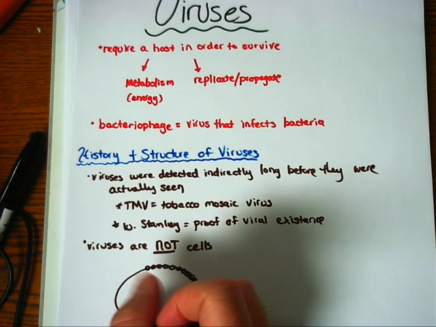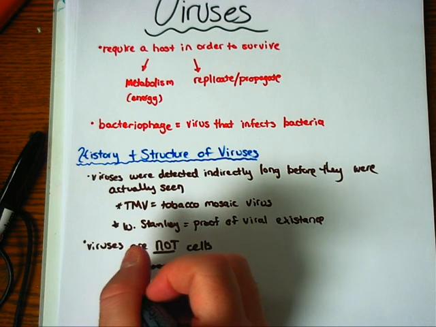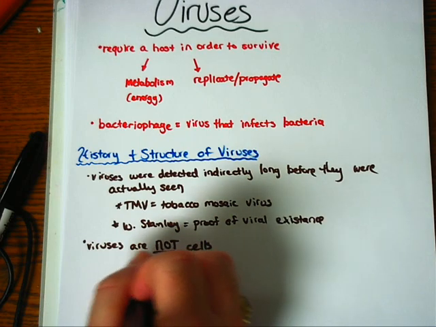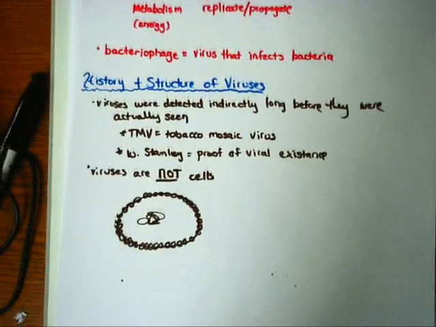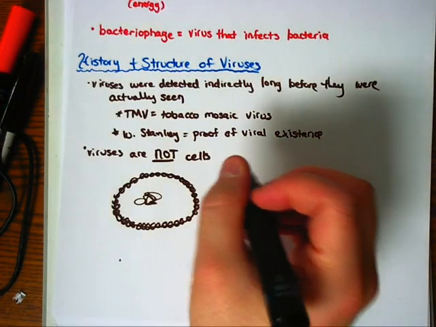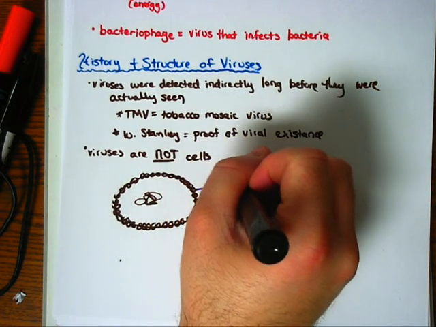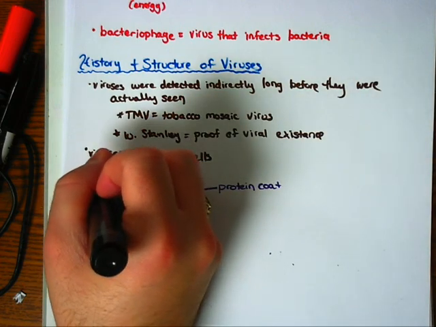No phospholipid bilayer here. Again, these aren't cells, so they don't need that. And inside of it is some nucleic acid. That's a bare minimum for every virus. Each virus has to have at least those two components: the protein coat as well as some nucleic acid.